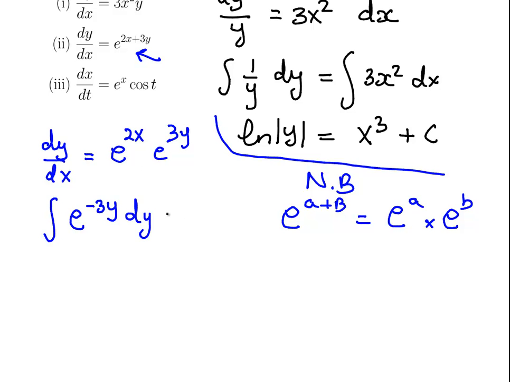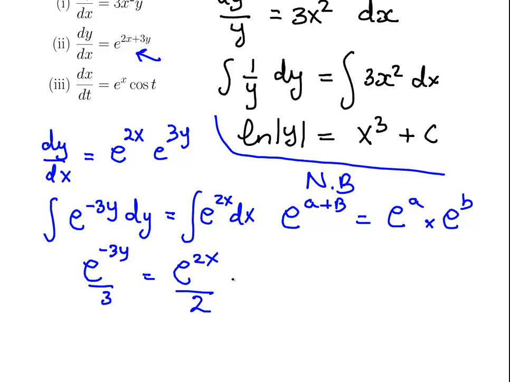So the integral of e to the minus 3y dy is equal to the integral of e to the 2x dx. Integrating both sides, we get e to the minus 3y over 3 equals e to the 2x over 2 plus c. Okay, and that is the answer to the second one.